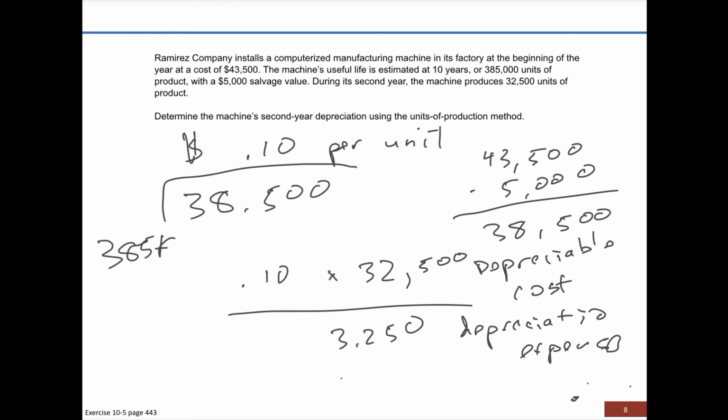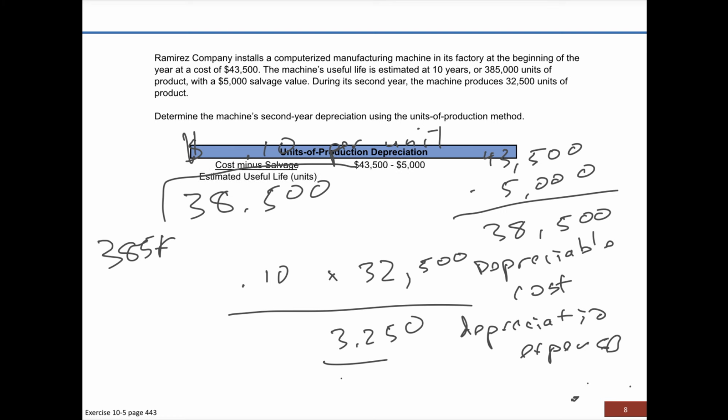And that just means for every unit this year that I use of production, I will charge 10 cents against depreciation. Okay, everybody with me? So, again, that amount would go into the same journal entry: debit to depreciation expense, credit to accumulated depreciation.